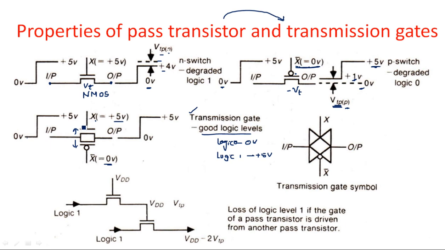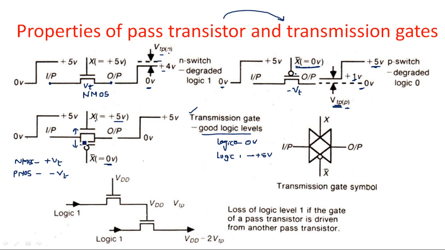When 0 to 5 volts is applied to the NMOS transistor, we may have plus Vt over there. For NMOS we have plus Vt as the threshold voltage, and for PMOS we have minus Vt as the threshold voltage.